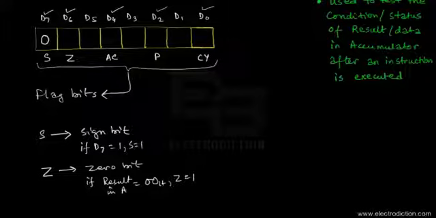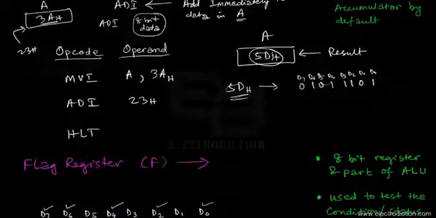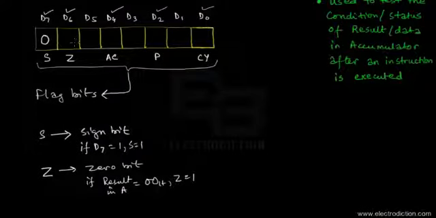Now we can see that the result in the accumulator is not 00H. The result being a non-zero quantity, the zero bit also remains reset, so we put a logic 0 value in place of the D6 bit.